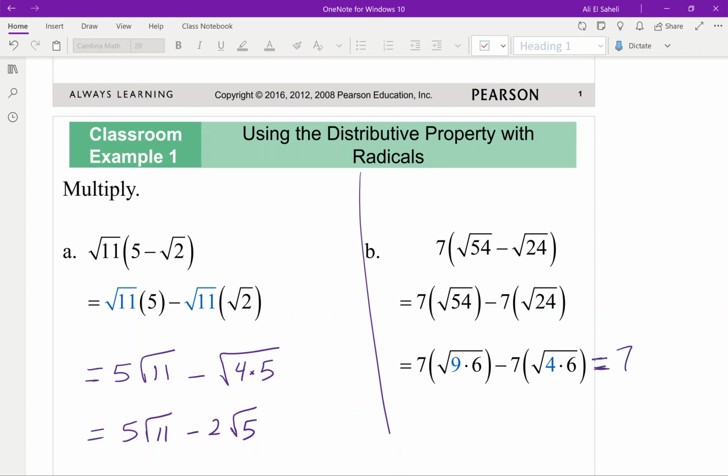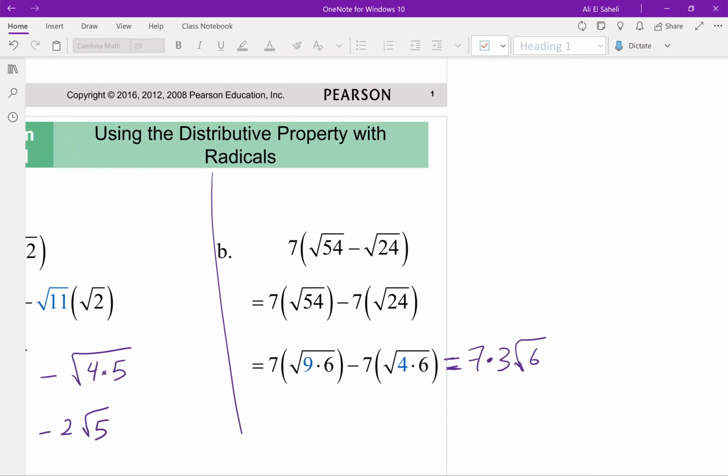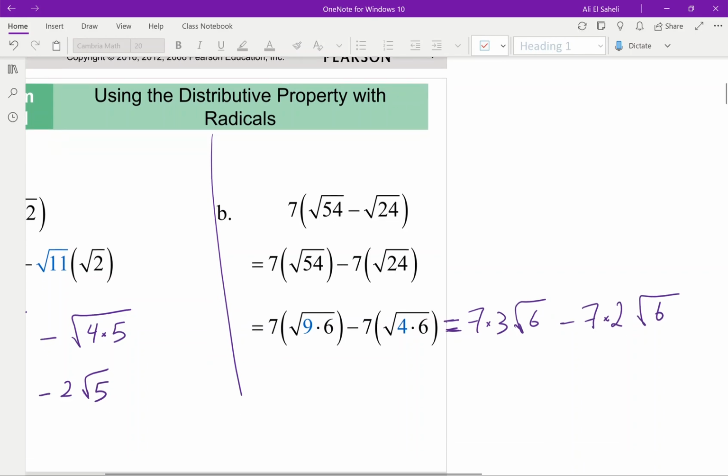So you have 7 times 3, and radical 6 stays under the radical sign, minus 7 times the 4 comes out as 2. Radical 4 is 2, and 6 is stuck under the radical sign.